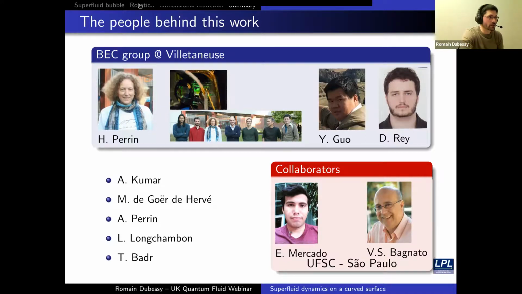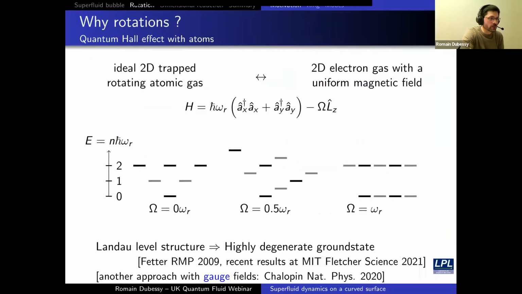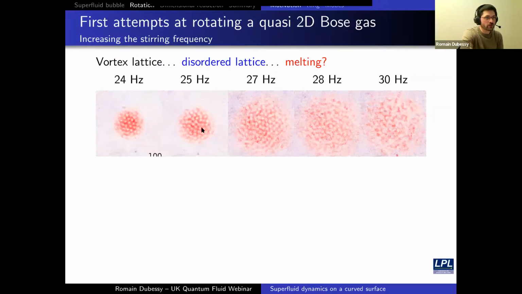Currently we are looking at this question. If I go back just here, why can we create vortex lattices up to some point, and then it seems much harder? What I must say is that those vortex lattices are typically seen after 10 seconds of thermalization after the rotation.